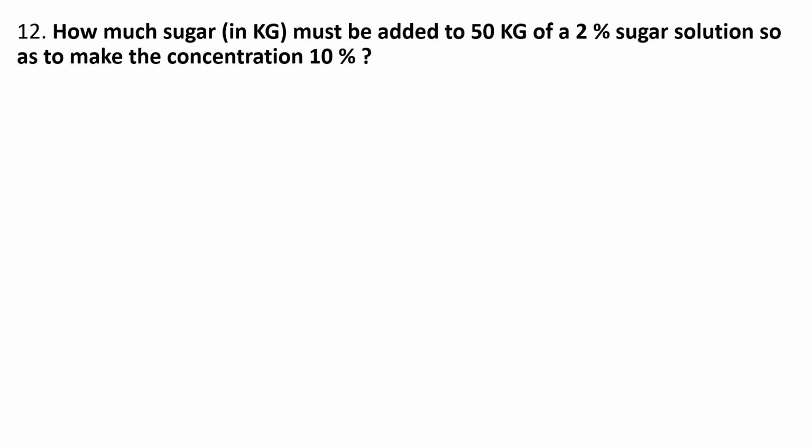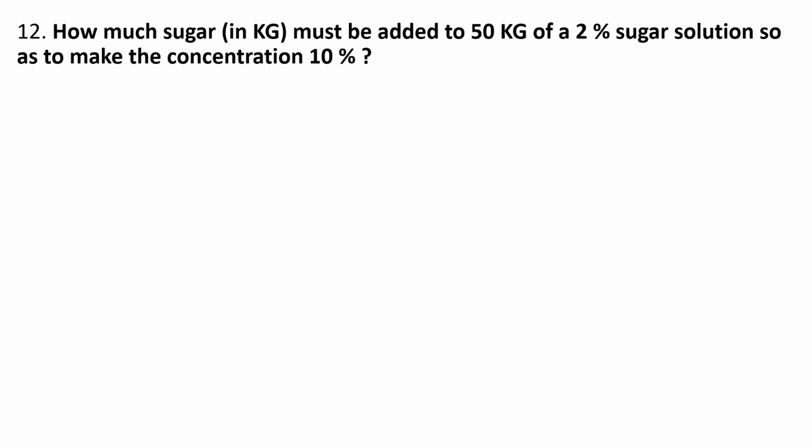How much sugar in kilograms must be added to 50 kilograms of 2% sugar solution to make the concentration 10%? The current concentration is 2%. You have to make it 10%.